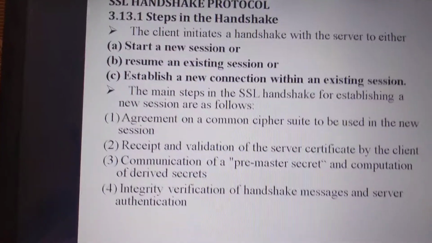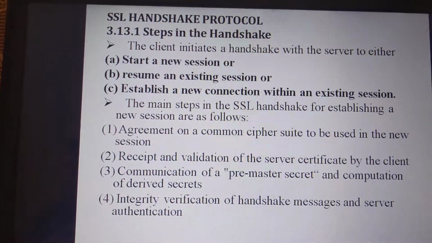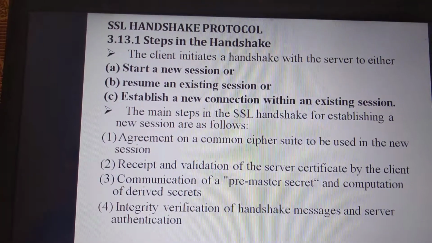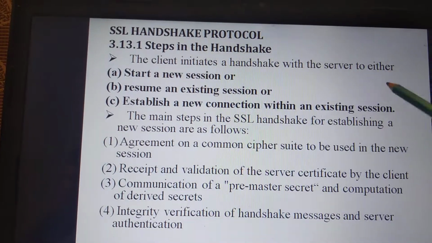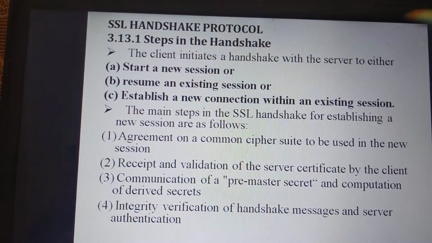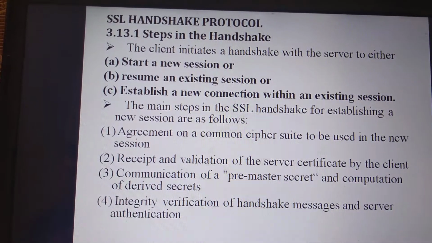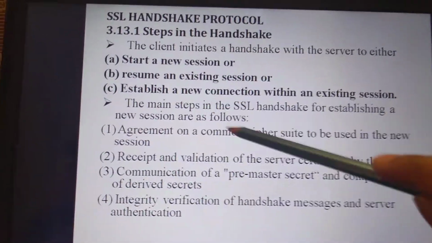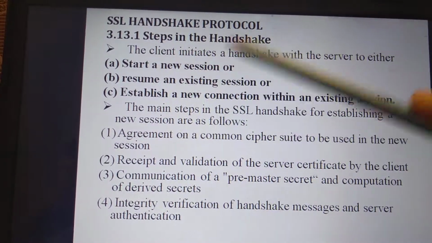Next, the SSL handshake protocol. Here it is going to follow 4 steps. Before that, in the handshake protocol, the client initiates the handshake with the server to either start a new session, resume an existing session or establish a new connection with an existing session. The main steps in the SSL handshake for establishing a new session are as follows.